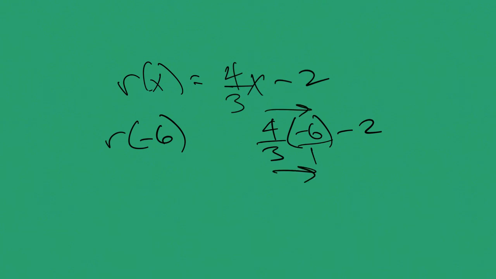What's 4 times negative 6? Negative 24. And across the bottom, what's 3 times 1? 3. Across the top, across the bottom, negative 24 over 3.